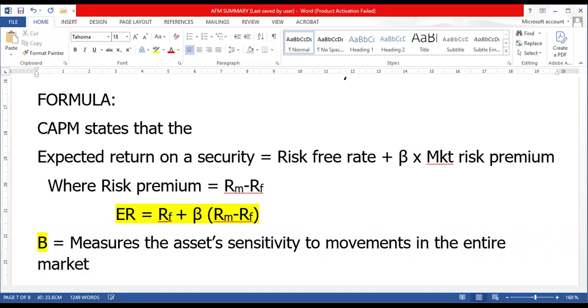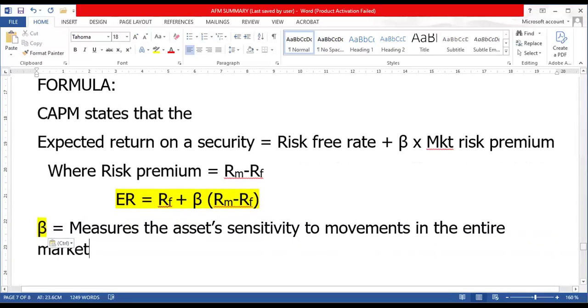That is your beta, not B. Your beta. Okay. Then market return is just basically the average return of the market portfolio. What is the average return of the market portfolio?